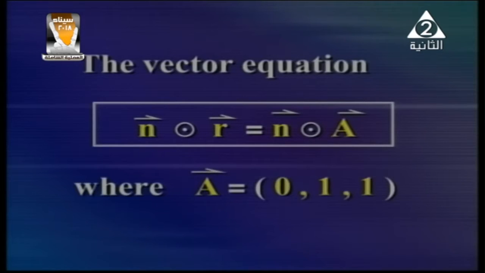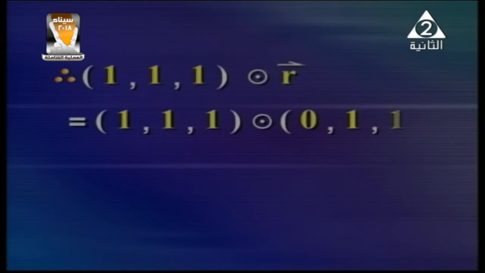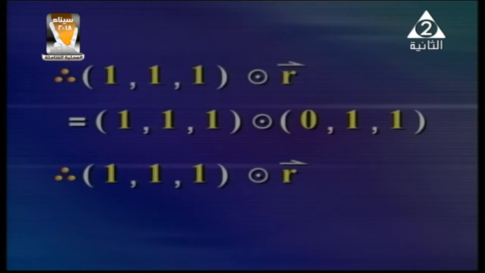The point A, 0, 1, 1, belongs to the plane. By substitution, the normal vector n is 1, 1, 1, so n dot r vector equals 1, 1, 1 dot the point 0, 1, 1. After that, we deduce that 1, 1, 1 dot r vector equals 2.